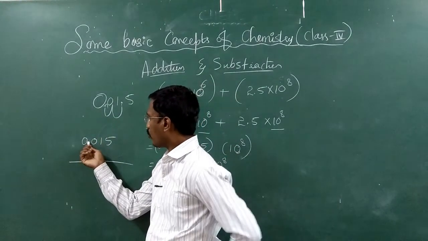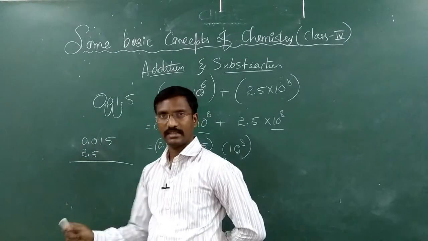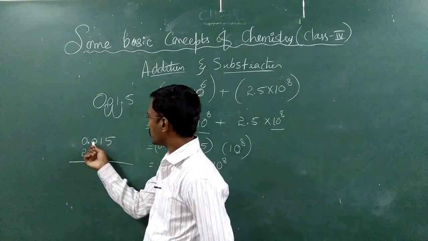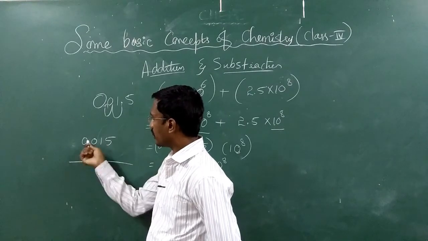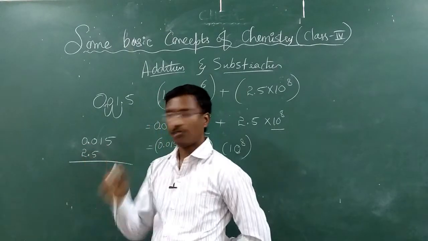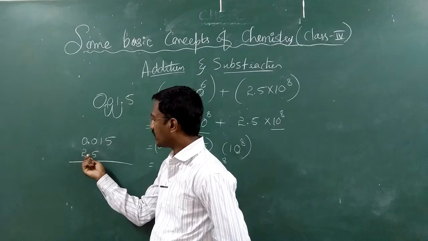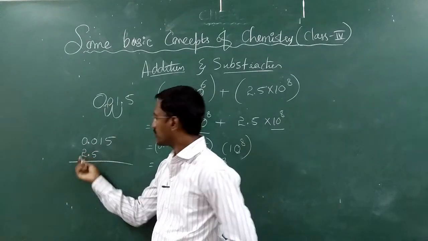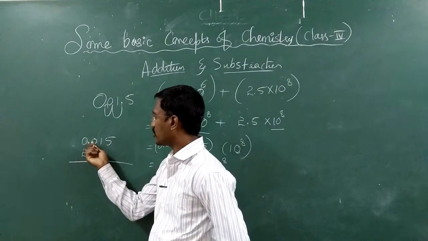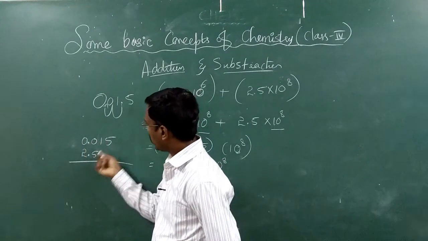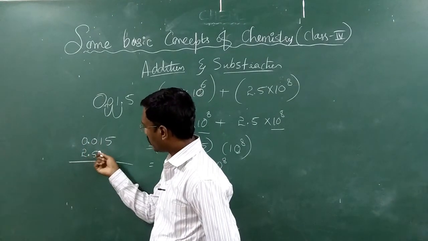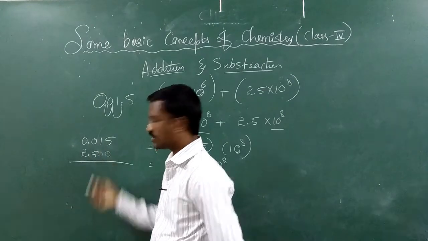Here, before the point, nothing is there, which means 0, so 0.015. We have to put the numbers by aligning the decimal points. Here the decimal is here, and the decimal of the number below is here: 2.5, and here 0.015. After 2.5, if nothing is there, there will be 0.